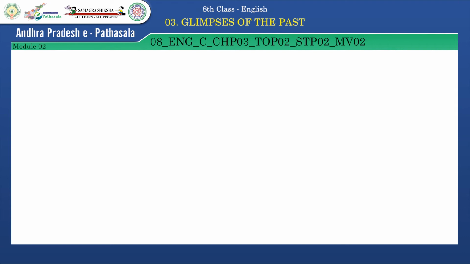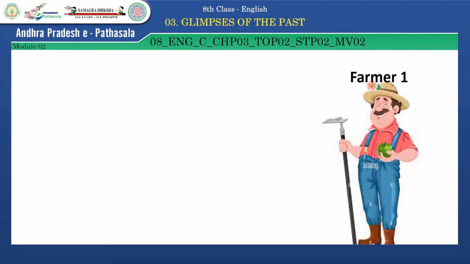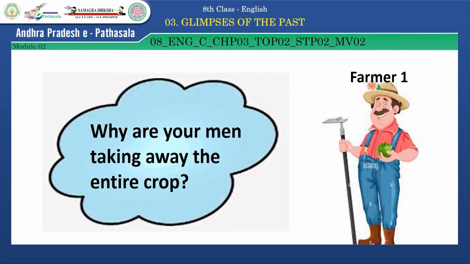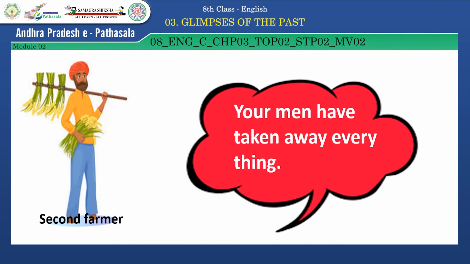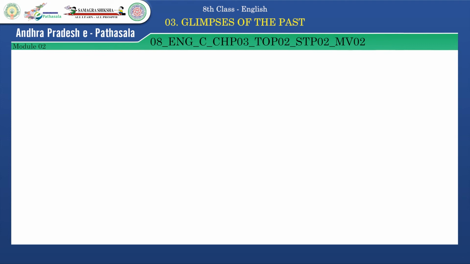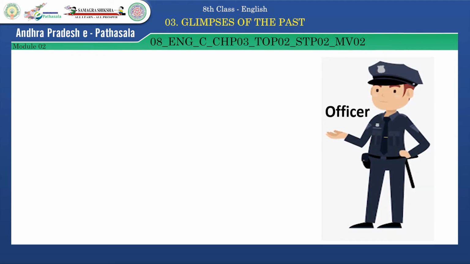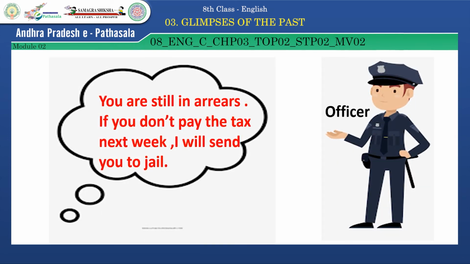Children, let's study the examples from the lesson, page number 46. The first farmer said, "Why are your men taking away the entire crop?" The second farmer said, "Your men have taken away everything." Officer: "You are still in arrears.